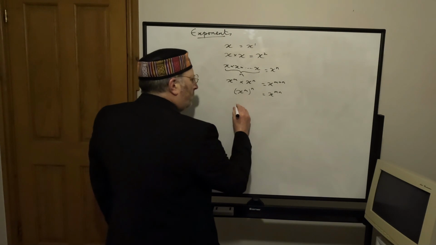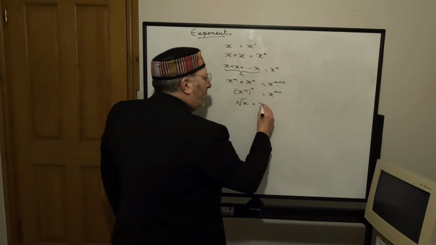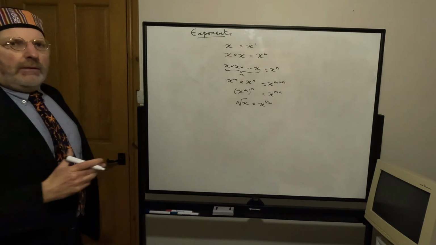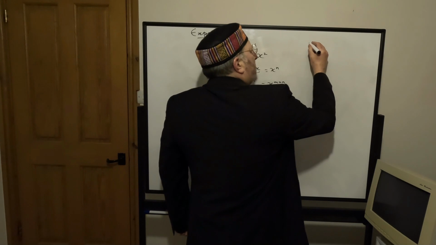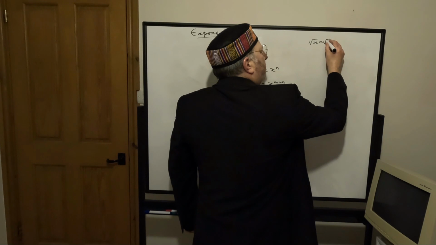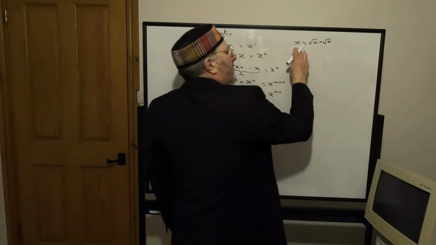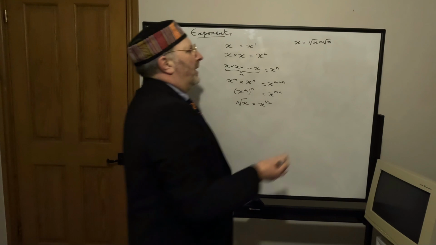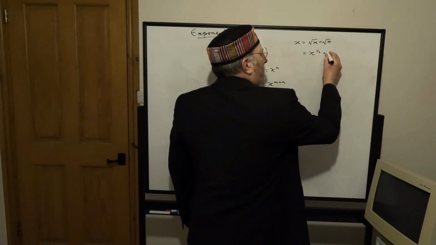Now consider the square root of x. I'll just tell you that that is written as x to the power of a half. And we can see why that is, because if we take the square root of x and multiply it by itself, then by the definition of the square root, that is just equal to x. x is root x times root x. But now I've told you that root x is written as x to the half.